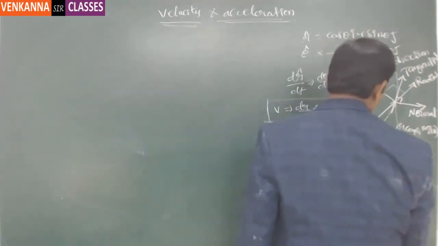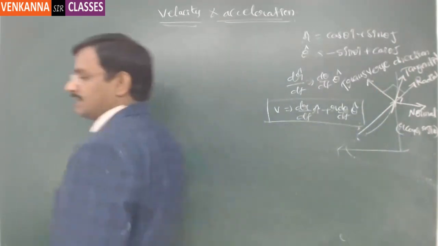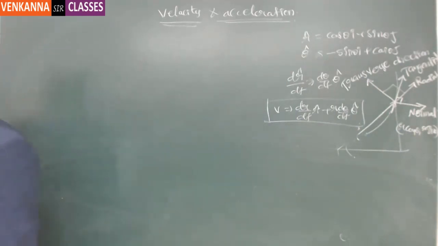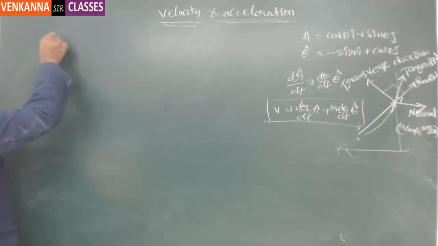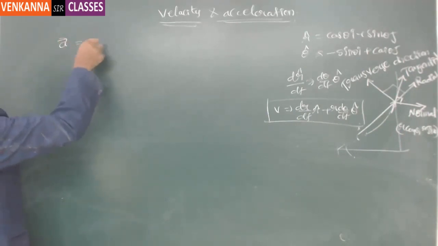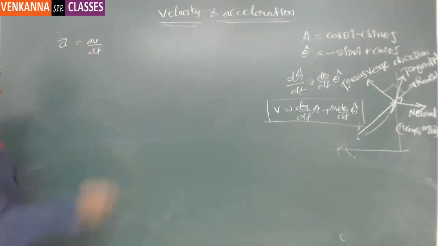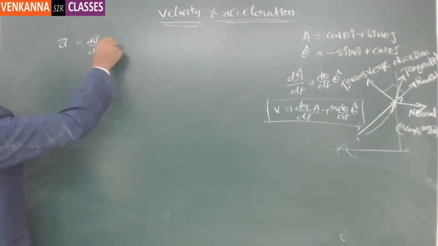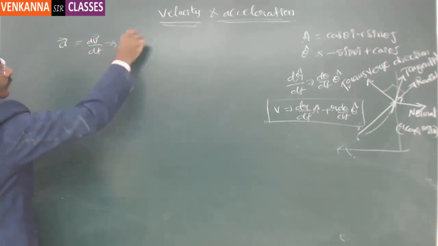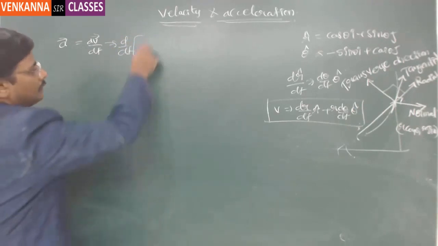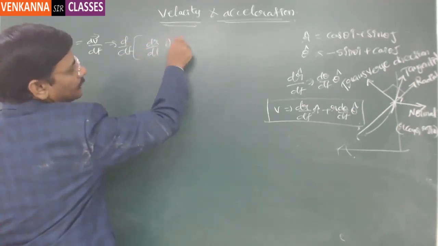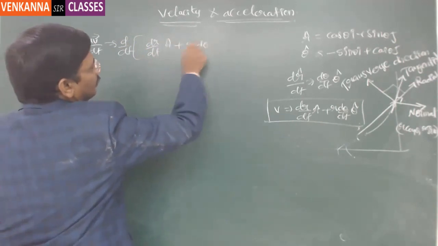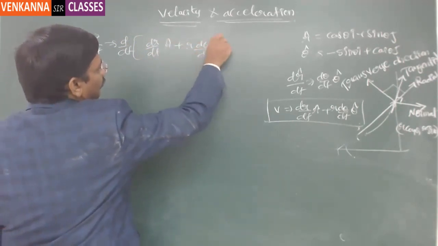And then we'll find out the acceleration from the velocity. So acceleration a is equal to dv by dt. Now v is a vector, so a is d by dt of dr by dt into r cap plus r into d theta by dt into theta cap.